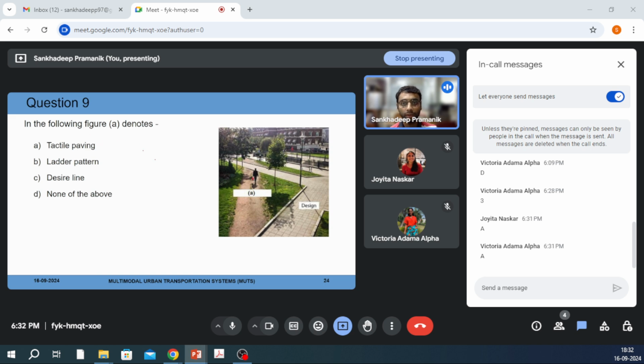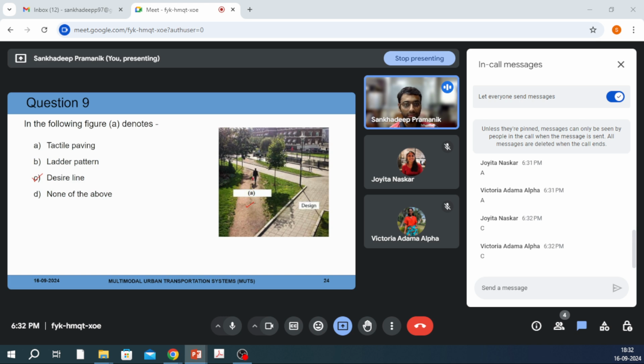In the following figure, this A denotes tactile paving, ladder pattern, desired line, none of the above. Yes, it is the desired line that people generally tend to cross in a shorter distance.